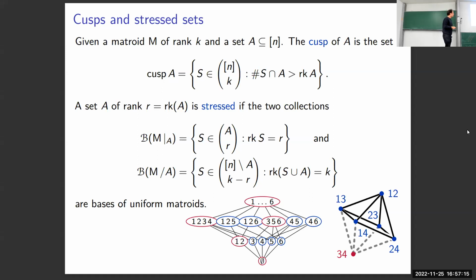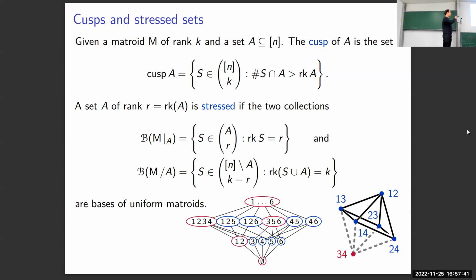And I can see this nice property of being stressed best in the lattice of cyclic flats, or the lattice of flats. How do I see this? I look at a set, let's say a closed set, a flat. For example, the set 3, 5, 6 over here, and then I look at the lattice below from the empty set up there. This looks like a uniform matroid.